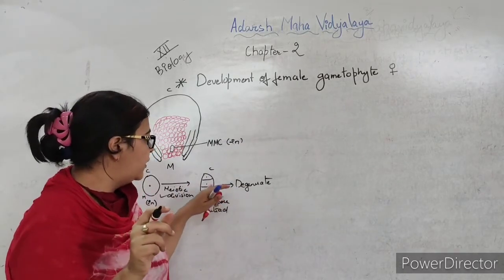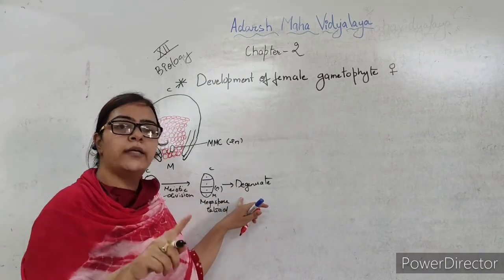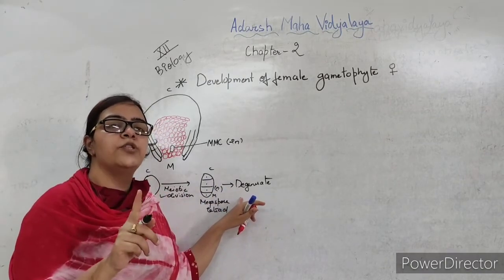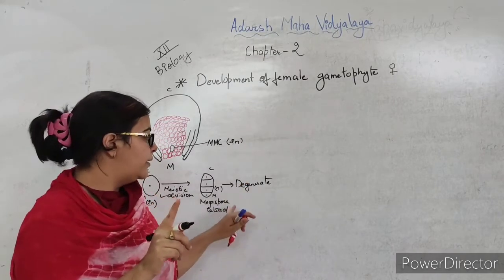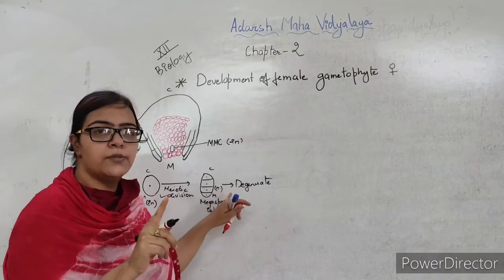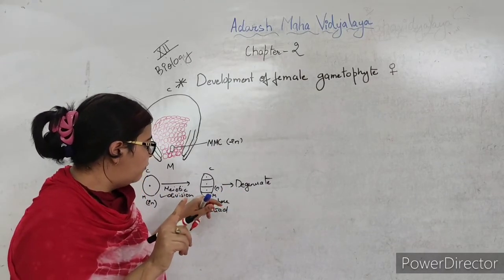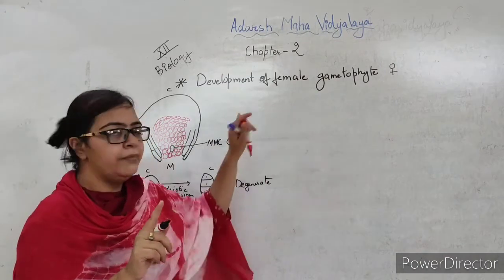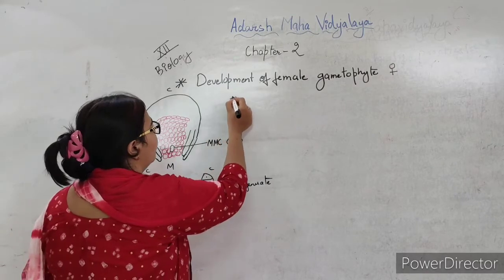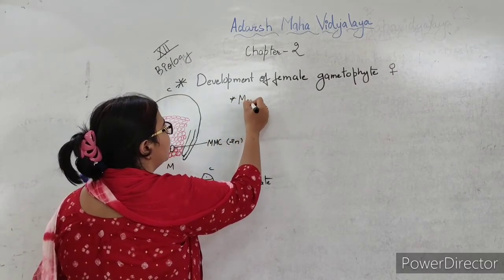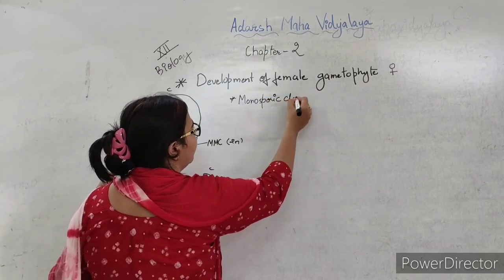When we talked about microsporogenesis, each microspore was a potential pollen, but here 3 of the megaspores will degenerate and only 1 megaspore will form the female gametophyte, hence it is called monosporic development.